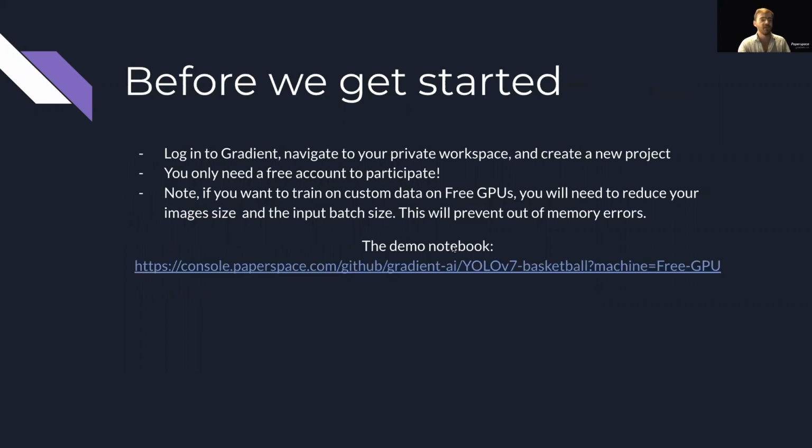Before we go any further, I need to make sure that everybody attending that wants to follow along has created an account in Paperspace Gradient. You can do that by going to paperspace.com and then Gradient. I'll walk through this real quick.